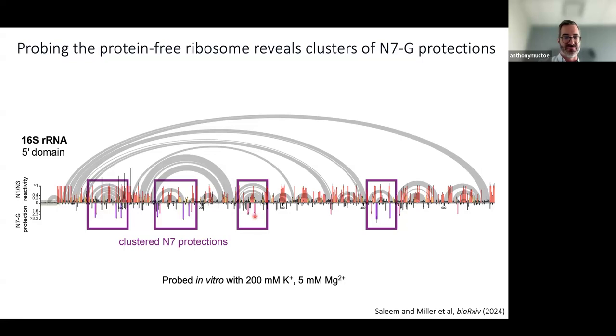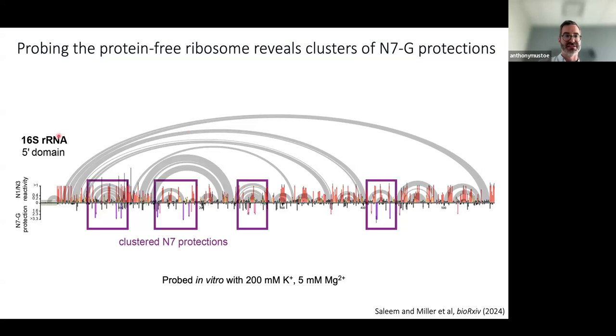In an analysis I'm not going to show, these are statistically significantly clustered in secondary structure space, but also in three-dimensional structure space if we project those back onto the known three-dimensional structure of the ribosome.